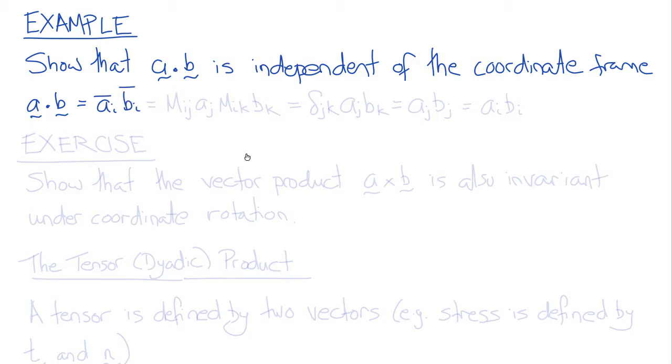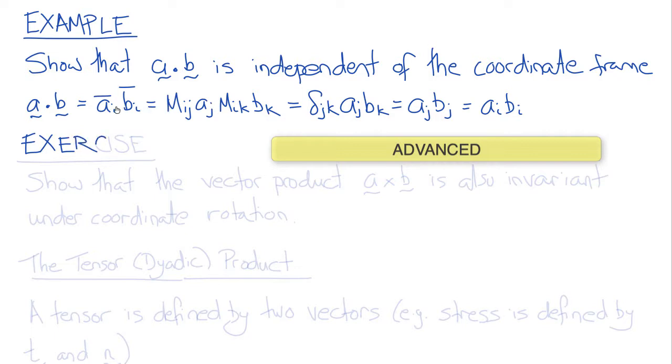So A dot B in the new frame of reference would be Āi B̄i. Converting that to the original frame of reference would be Mij Aj Mik Bk. But Mij Mik is delta jk, so that gives us delta jk Aj Bk, which is Aj Bj, or if you prefer, Ai Bi. In other words, Āi B̄i is the same as Ai Bi.